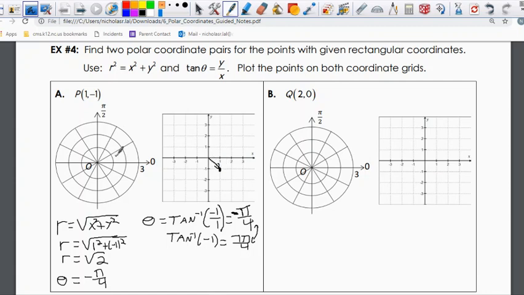We also have the equivalent point, negative pi over 4, square root of 2, which is going to be about here.